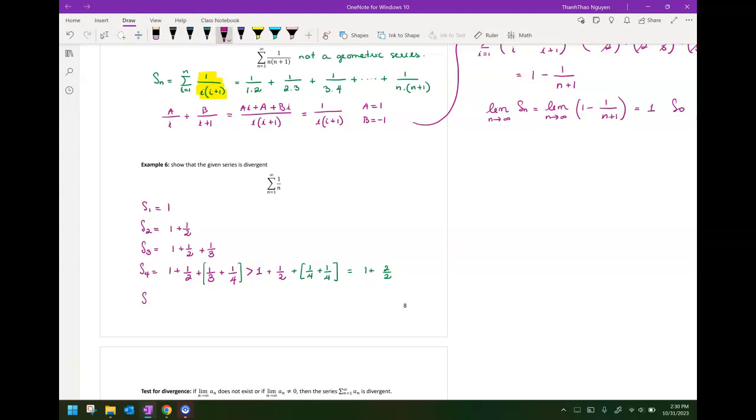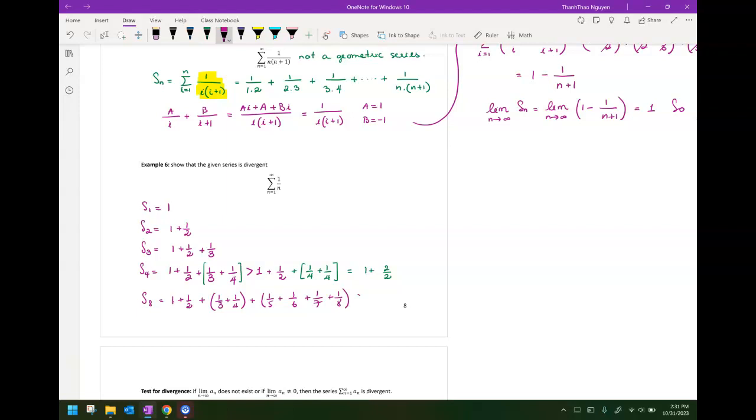I can see that f sub 8 will then equal 1 plus 1 half plus 1 third plus 1 fourth plus 1 fifth plus 1 sixth plus 1 seventh plus 1 eighth.